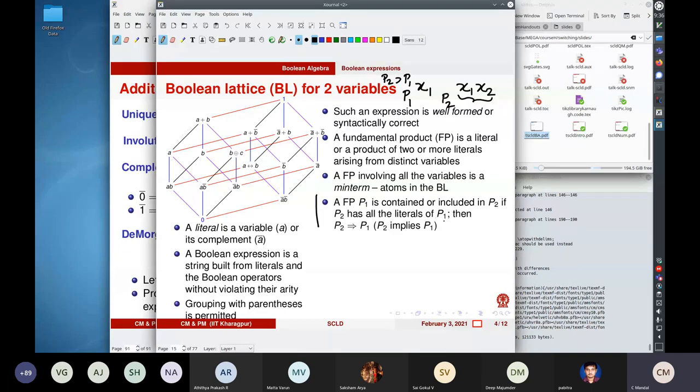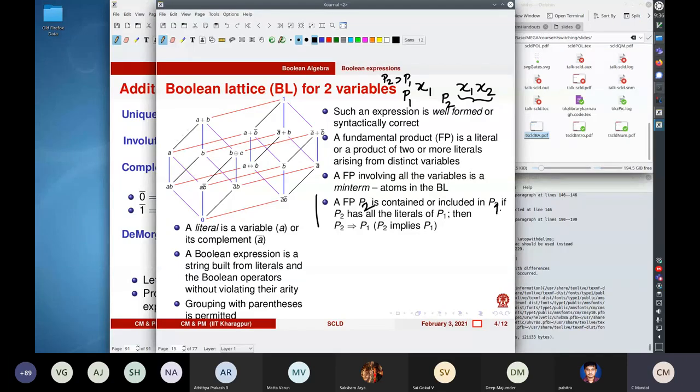So this is all right. If P2 has all the literals of P1, I think it will be that is when P2 is contained in P1. I think it will be this way.